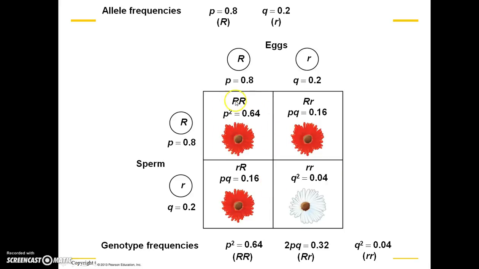Well, we're going to have the combination big R, or p squared, which is going to be 64% of the offspring.